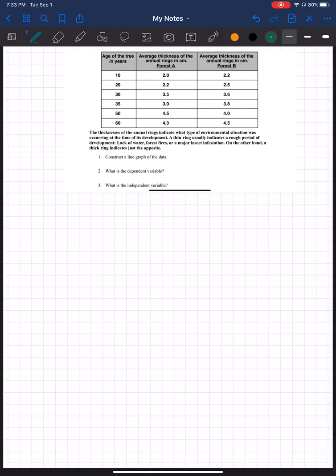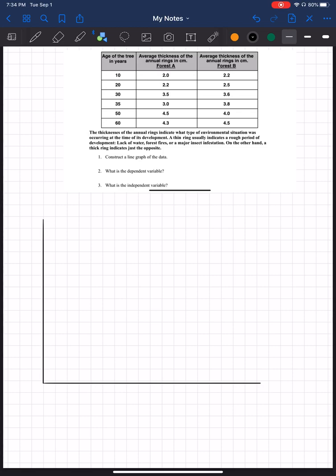Let me show you another example here. So this is the same, just a different scenario. So same thing, right? You're gonna make your lines. The graph paper is just easier to use just because it has the boxes there for you. Easier to make straight lines with that one.